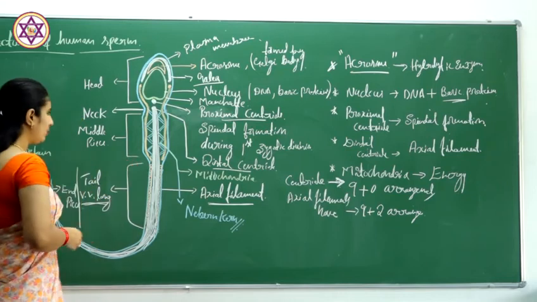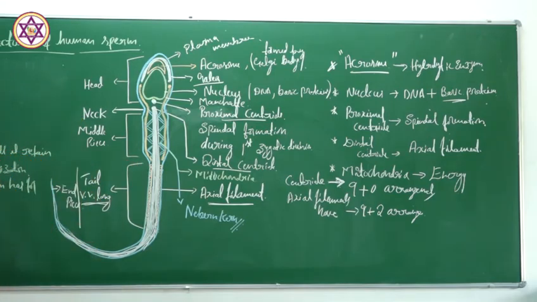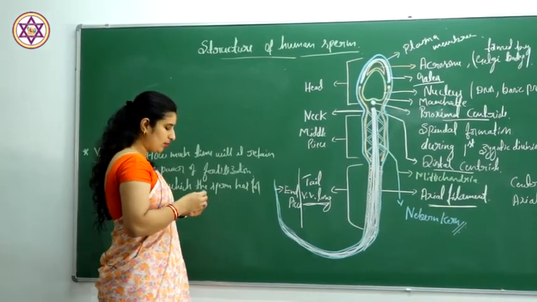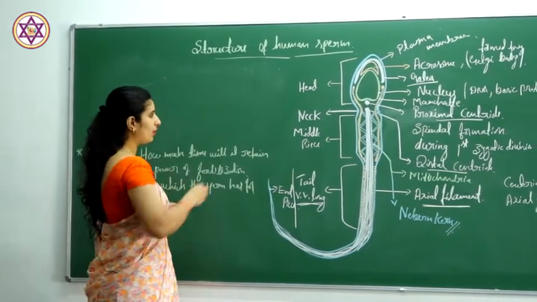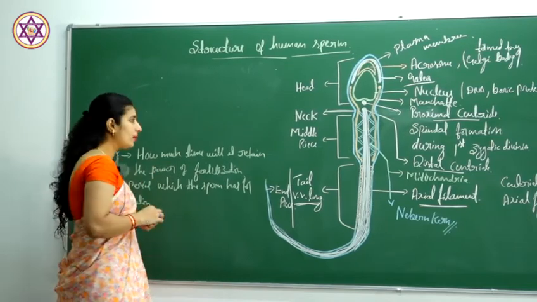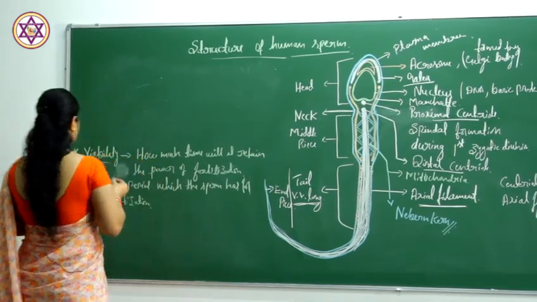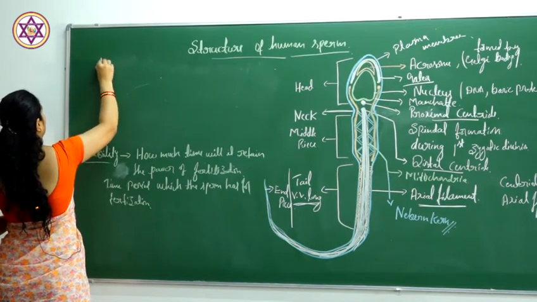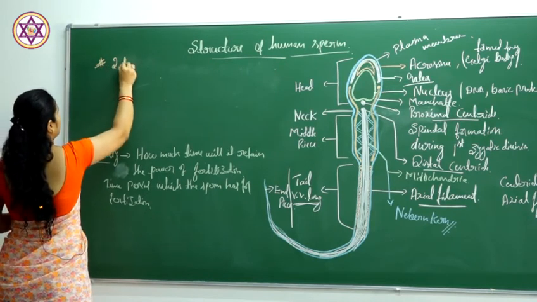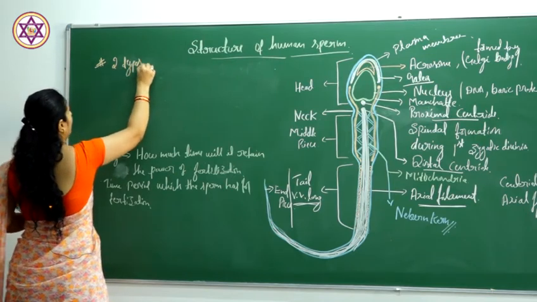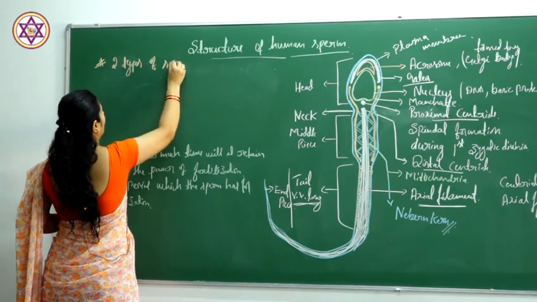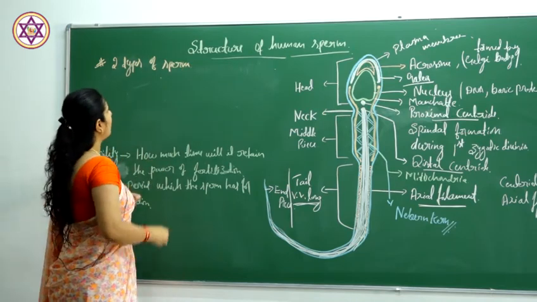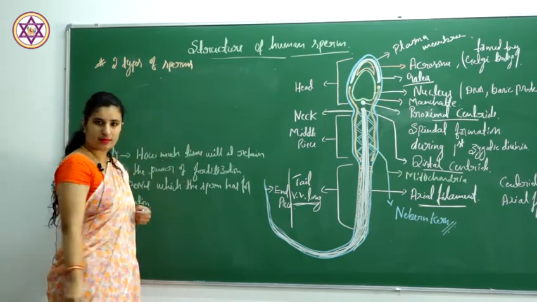Let me tell a few things about the human sperm, because we are talking about the structure. Here we have two types of sperms produced.